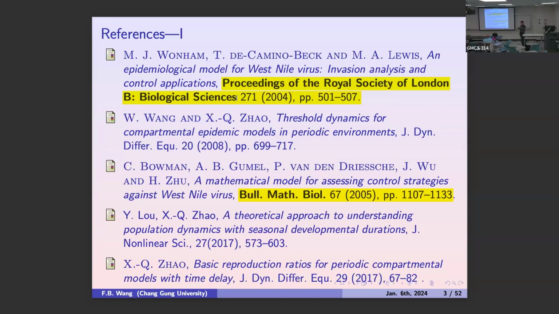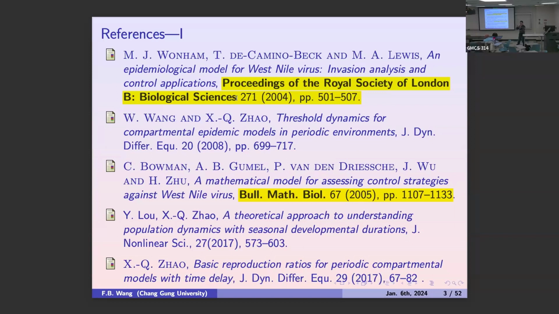But when I submitted my paper with the reaction-diffusion, without the incubation and the vertical transmission, the referee challenged us a lot. The referee mentioned that for the West Nile virus, it's very important to include the vertical transmission.